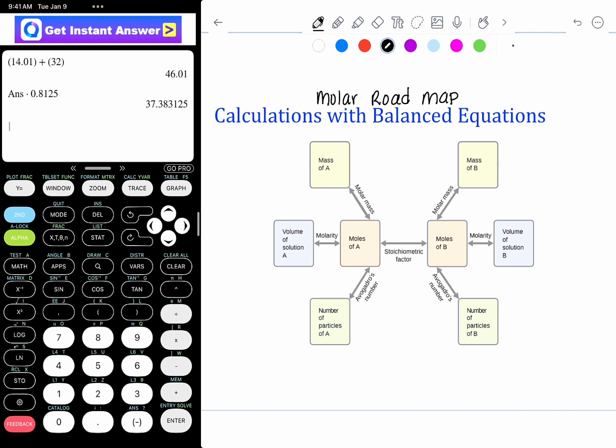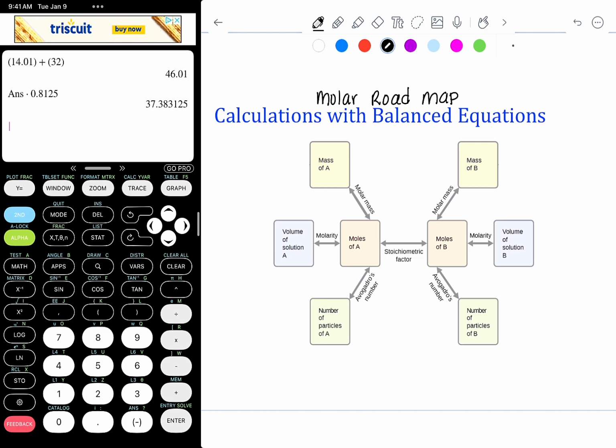You can use this roadmap to go between any 2 boxes. You simply start at one box. This is your known information given in the problem. You then follow the arrows to navigate to the variable the problem is asking for. Each arrow tells you the value you need to use to convert between the values.